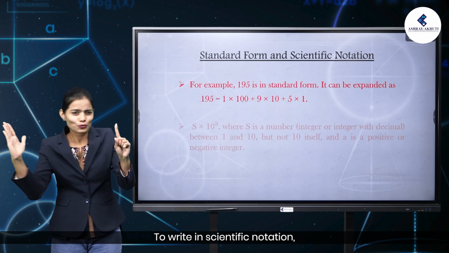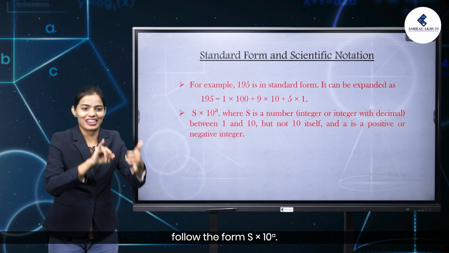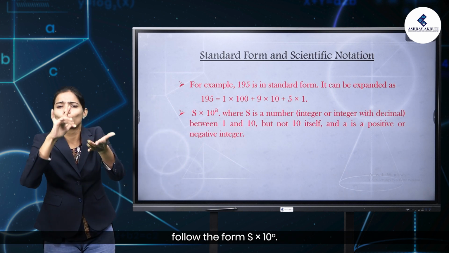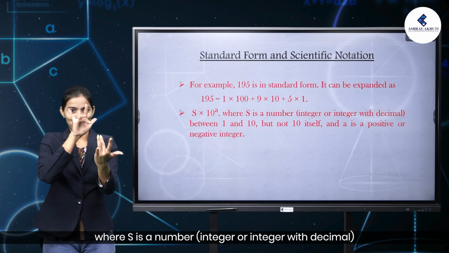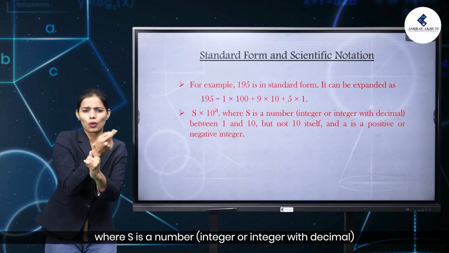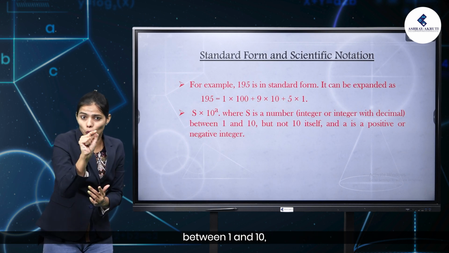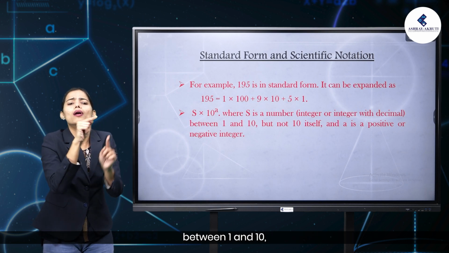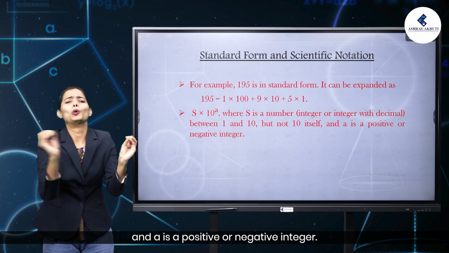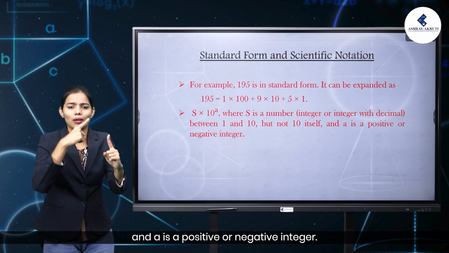To write in scientific notation, follow the form s into 10 power a, where s is a number, integer or integer with decimal, between 1 and 10, but not 10 itself, and a is a positive or negative integer.